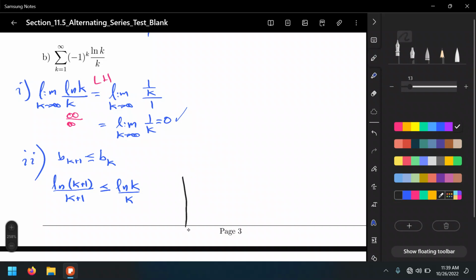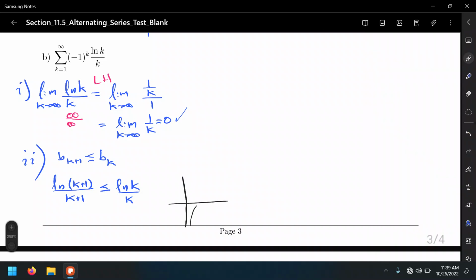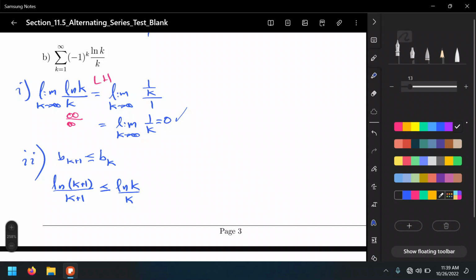Check the graph of natural log, which looks like this. Check the graph of y equals x. Think of infinity. Which function is growing faster? The linear or the logarithmic? The linear, right? So what do we have? Larger denominator, smaller numerator. This one has to be true. All right? So this inequality is true.